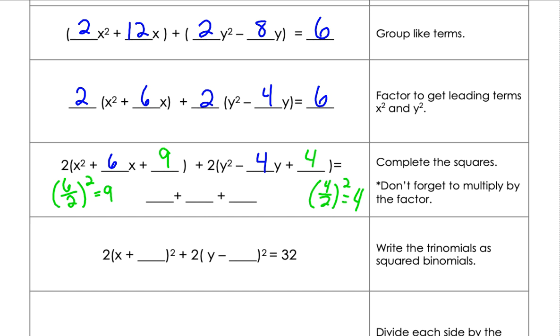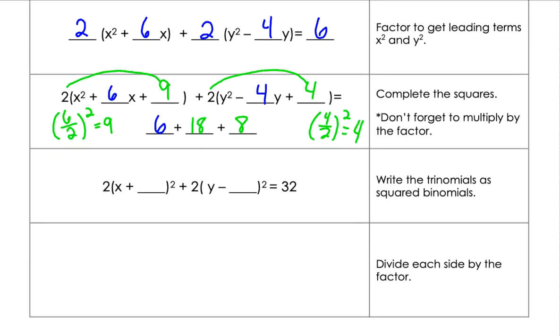So from our equation before, we knew that it equaled 6. And then remember, when we complete the square, if we're going to add something to the left side of the equation, we also have to add it to the right. So remembering that we added 2 times 9, which is 18, and we added 2 times 4, which is 8. So we keep that equation balanced on both sides by adding the same thing to both sides.